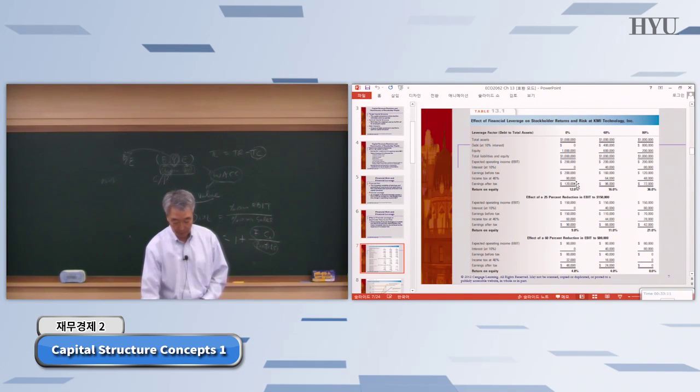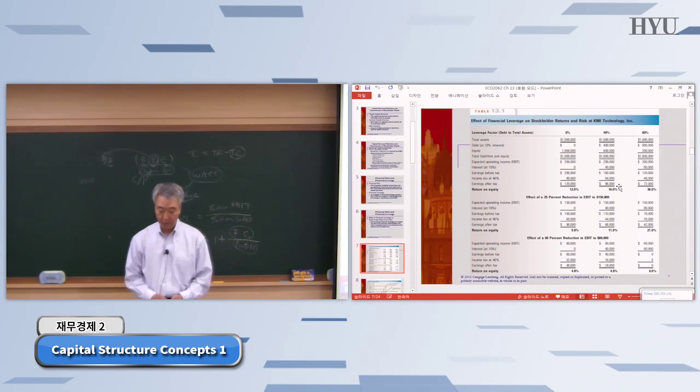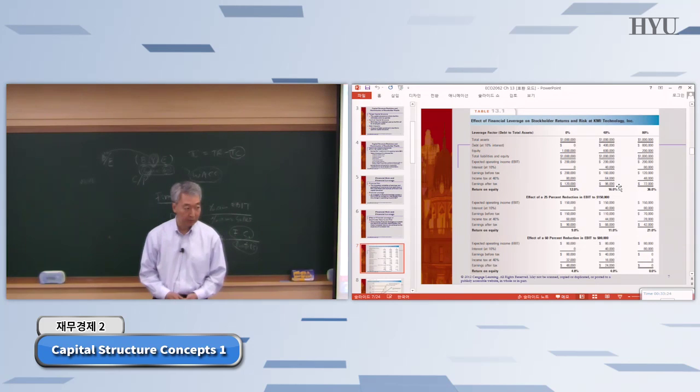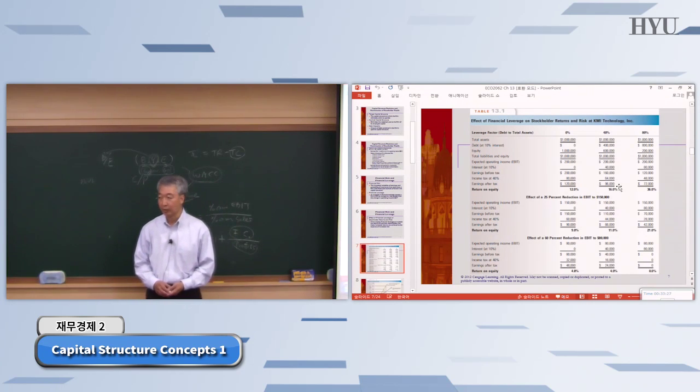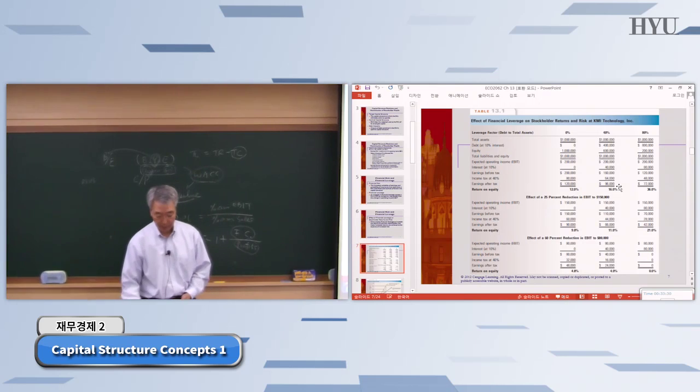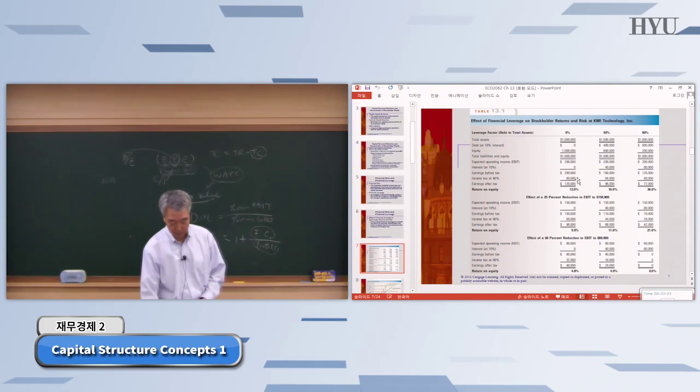The benefit of having larger debt is you can reduce the taxes, because interest payment is tax deductible. That's why we have $80,000 tax in the first case, $64,000 in the second case, and only $48,000 tax in the third case. So that means earnings after tax are 120,000, 96,000, and 72,000.